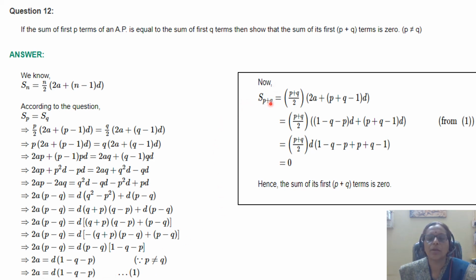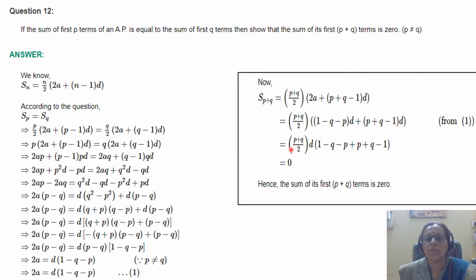Now sum of p plus q terms you have n by 2, that is p plus q by 2, into 2a plus n minus 1 into d, where n is p plus q. So here p plus q by 2, 2a plus, value of 2a is 1 minus p minus q into d, plus p plus q minus 1 into d.